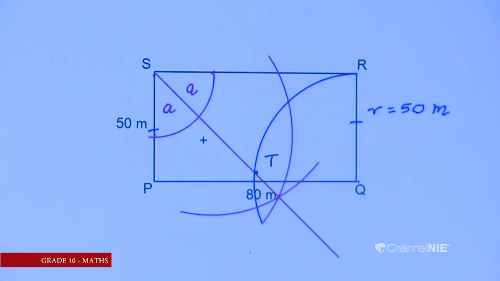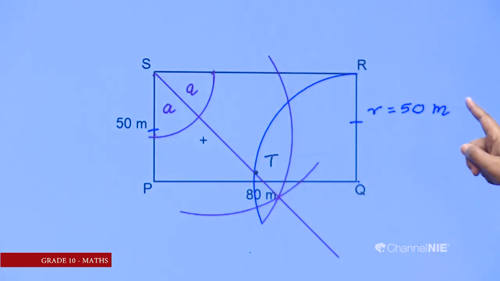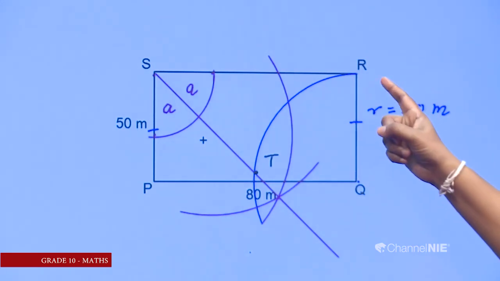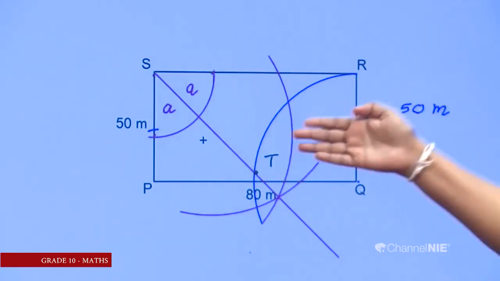So, we have used construction knowledge to find this treasure. First, we construct the locus of a point equidistant from Q. That is a circle, but we want to construct part of the circle, an arc, because the treasure is located inside.